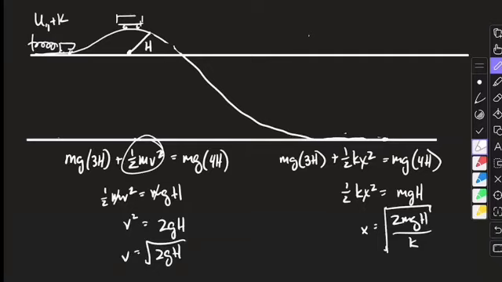Any questions about that? Potentially there are two forces acting on the car, a normal force upwards and weight downwards. There's no way around this. So net force equals mv squared over h, where h is the radius. I have to set my direction towards the center. So mg minus n equals mv squared over h. The maximum speed occurs when the normal force goes to 0.